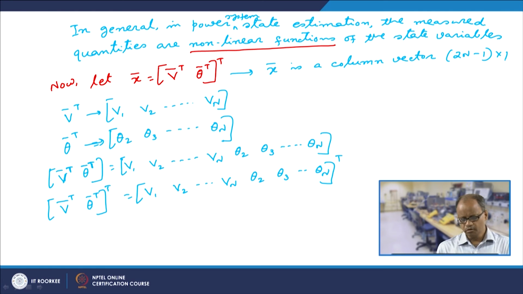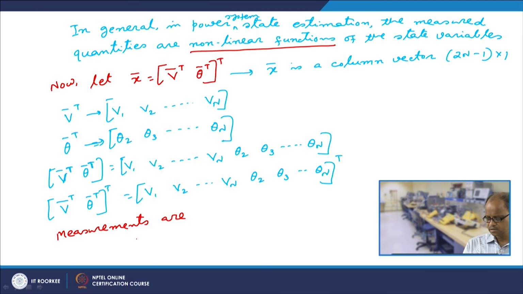Now, suppose I have a total number of measurements m. Let us say the measurements are zi for i equal to 1 to m.